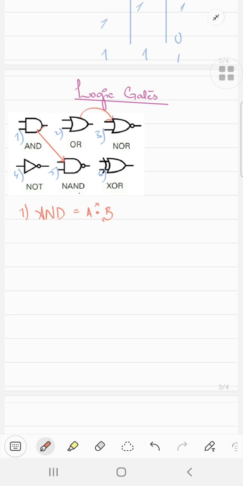Okay, the second gate that we are discussing here is the NAND gate. In this you have to multiply, and then the multiplied value will be inversed. This dash that we are drawing on top denotes the inverse function.